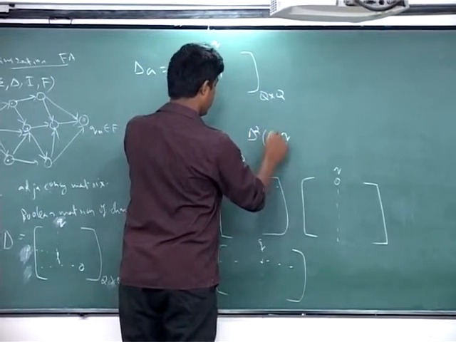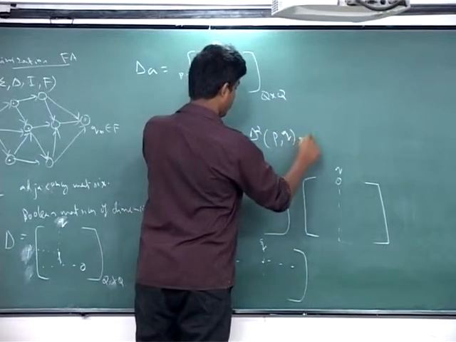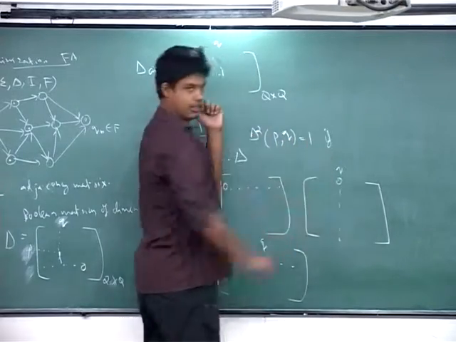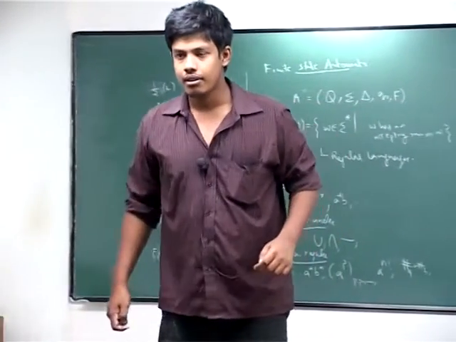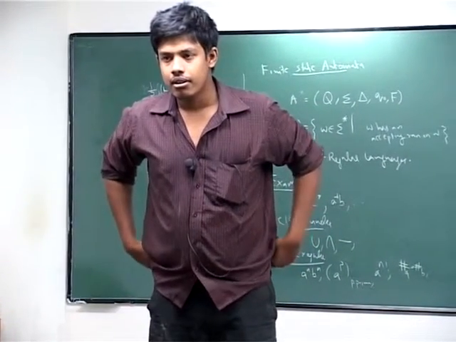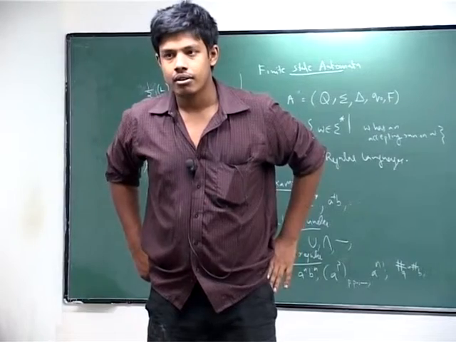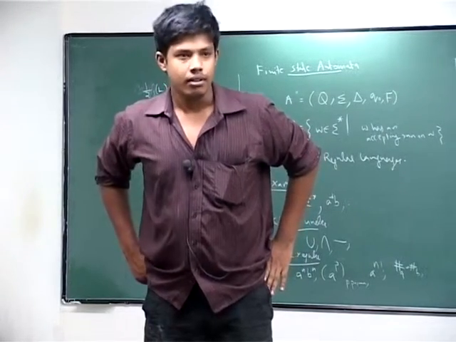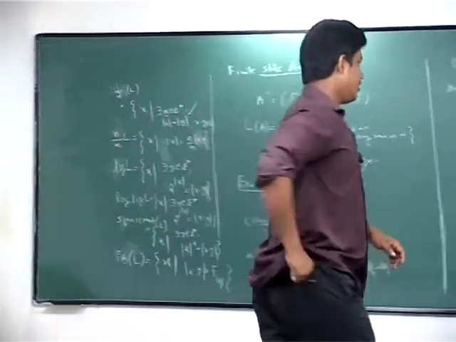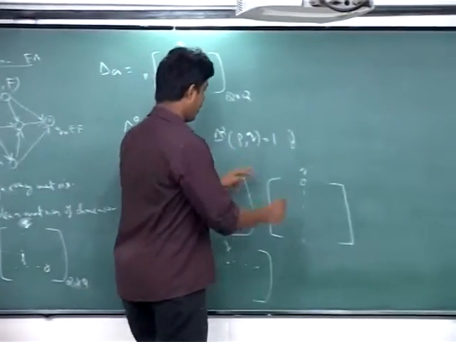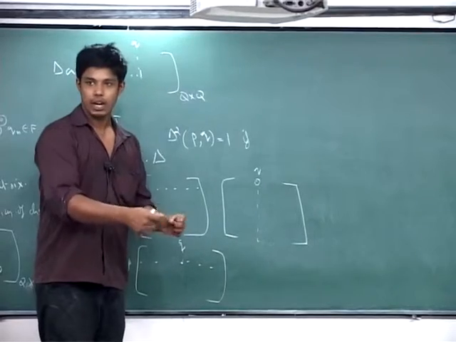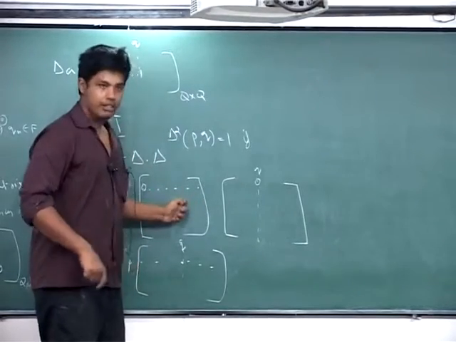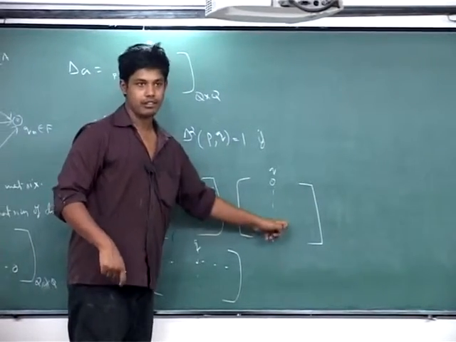Delta square of PQ is 1 if there is a case such that PK is 1 in here and KQ is 1 in here, right?